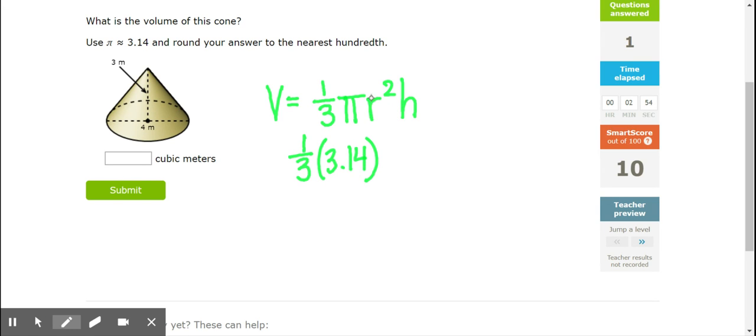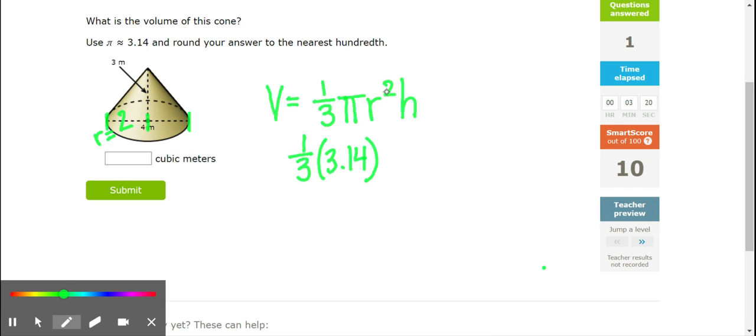And now I need to find my radius. In this diagram, they go from edge of the circle to edge of the circle, so that's technically the diameter. To get the radius, I've got to cut this value in half because I only want from edge to center. If I take 4 and cut it in half, that's 2. So the radius for this diagram is 2.